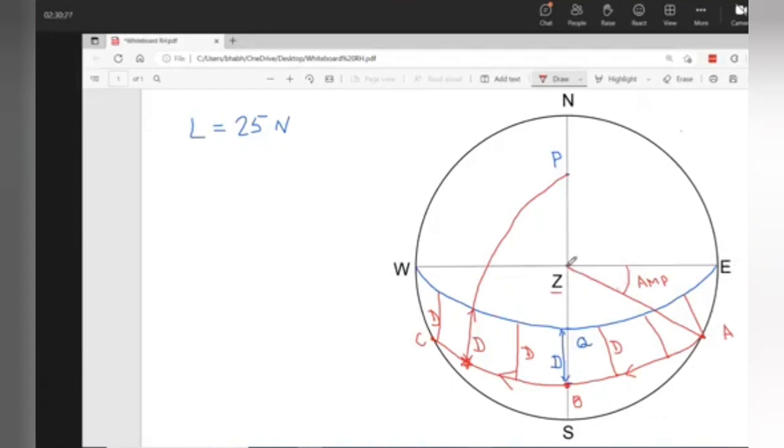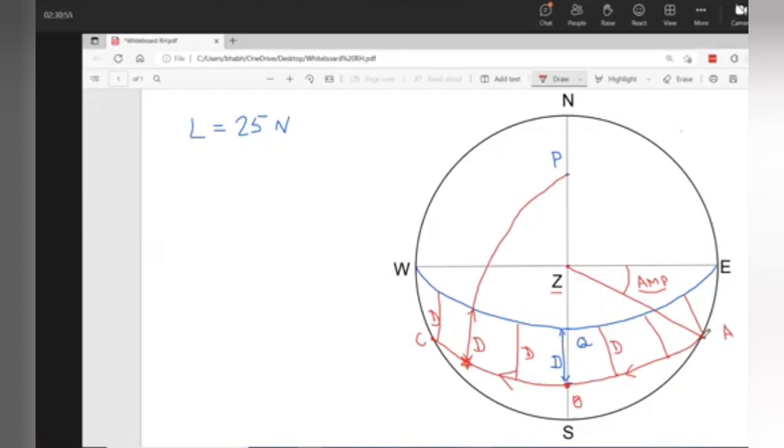In fact, if you have this diagram in front of you, you do not need to memorize any definition. All the definitions will come out of it automatically. So I'll repeat once. Amplitude is the angle at the zenith contained between the prime vertical circle and the vertical circle passing through the body. Right, beta? Okay, sir.